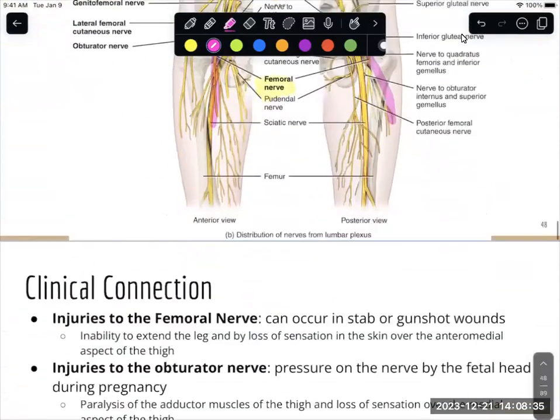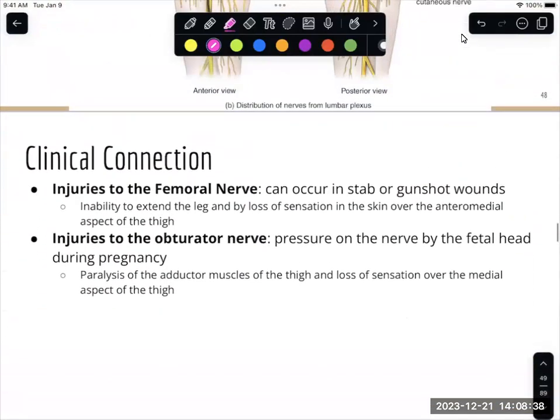So injuries to that femoral nerve. That femoral nerve is a lot more superficial than people seem to think. So it can occur in stabs or gunshot wounds to the front of the leg. So these people can't extend their leg. They can lose sensation over the front of their leg.